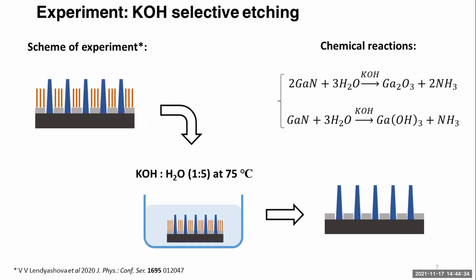This slide illustrates the scheme of the etching experiment. Selective etching of gallium nitride nanowires on various substrates was carried out using a potassium hydroxide aqueous solution at a temperature of 75 degrees Celsius with a duration from 1 to 7 minutes.